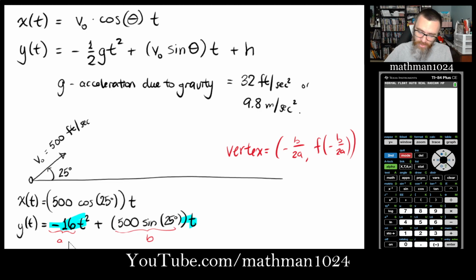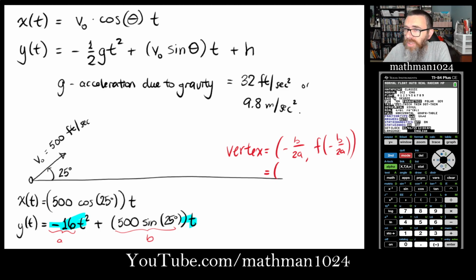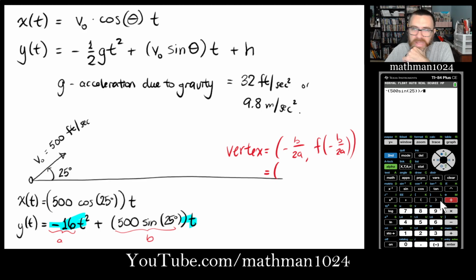Right? So that means we're going to have, let's see, we're doing degrees here, so let's make sure we're in the right mode. We need to switch over to degree. So I have negative, my b value is 500 sine of 25 degrees divided by 2a, so that's going to be divided by negative 32.